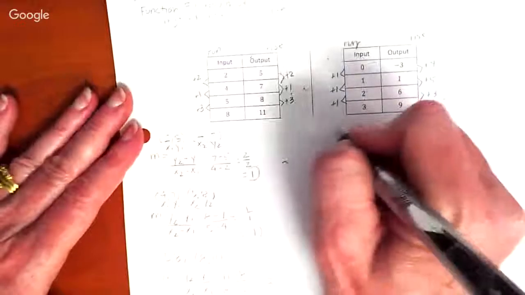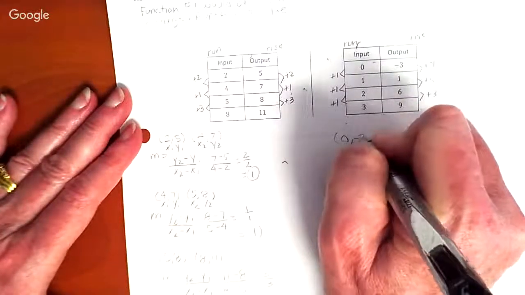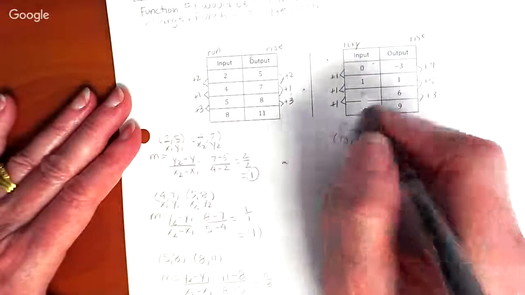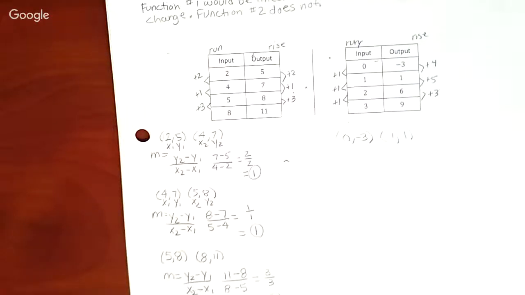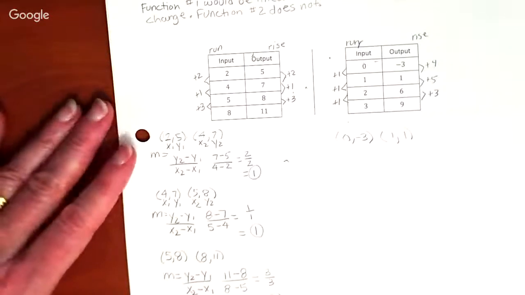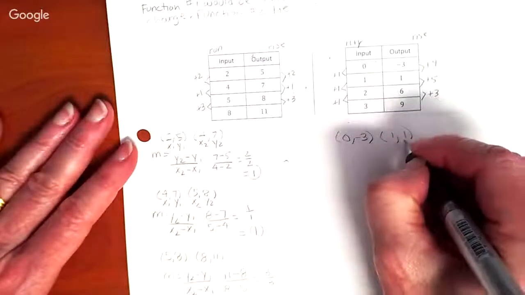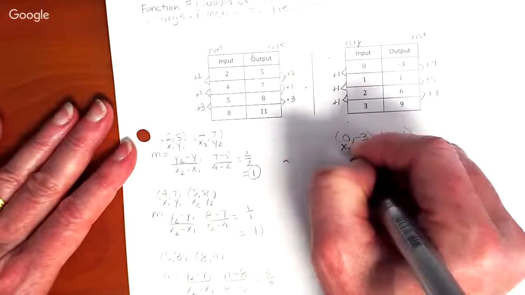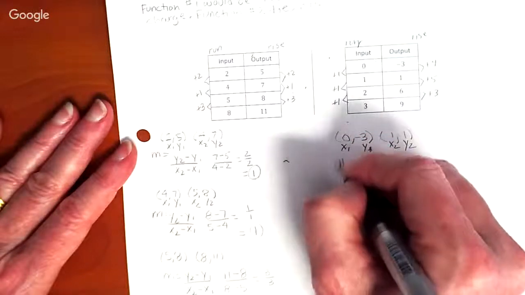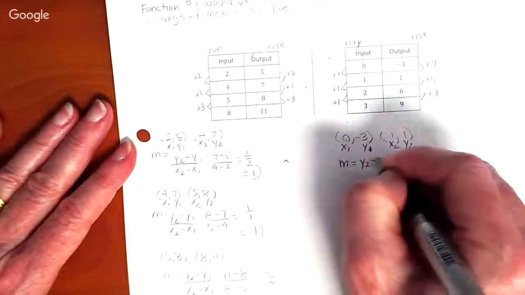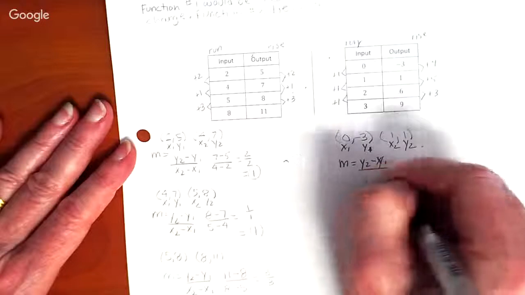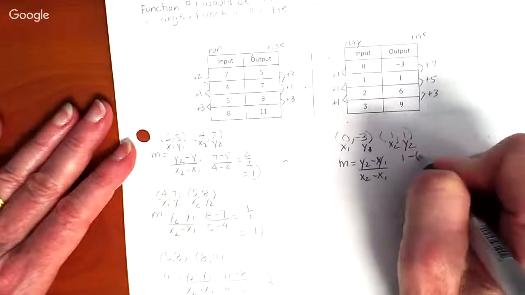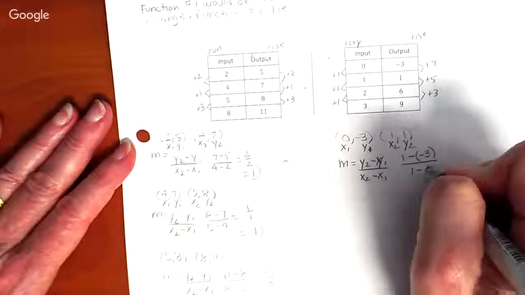So here we have 0 comma negative 3 and 1 comma 1. So we have 1 minus negative 3 over 1 minus 0.